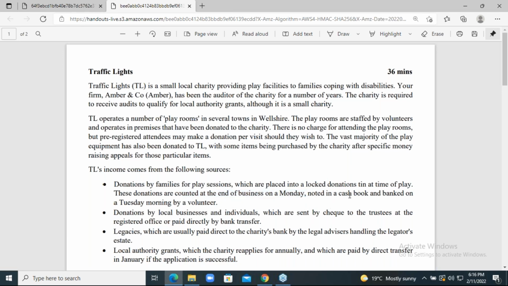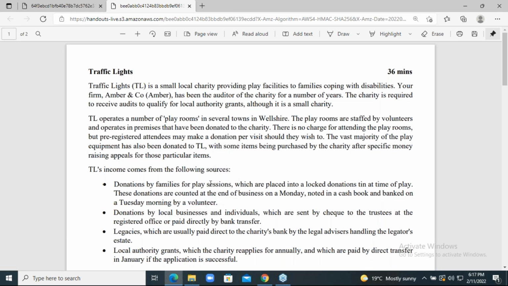Then it is noted in a cash book and banked on a Tuesday morning by a volunteer. So tally the counted amount with the cash book amount to see whether it is accurately written or not. Then obtain the bank statement and tally it with the cash book to confirm that the same amount is banked, and whether the volunteer is working appropriately or has hidden some of the amount.